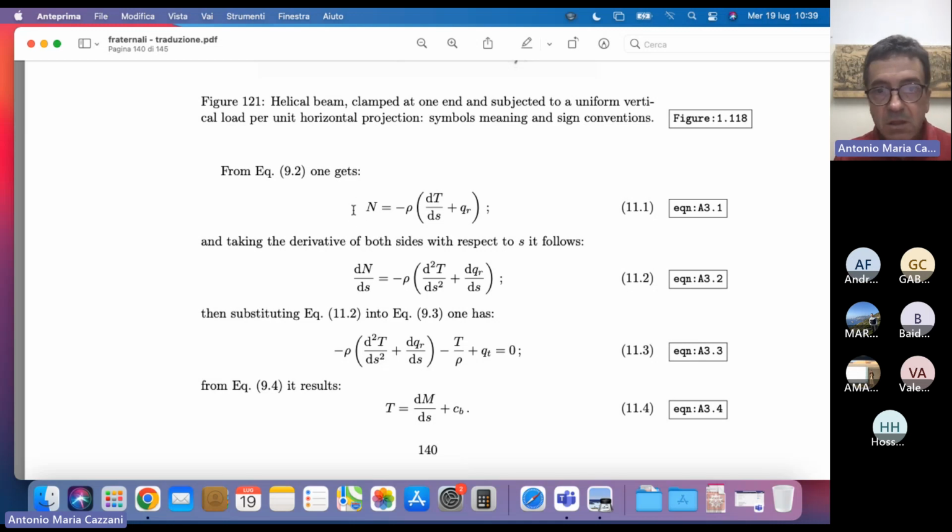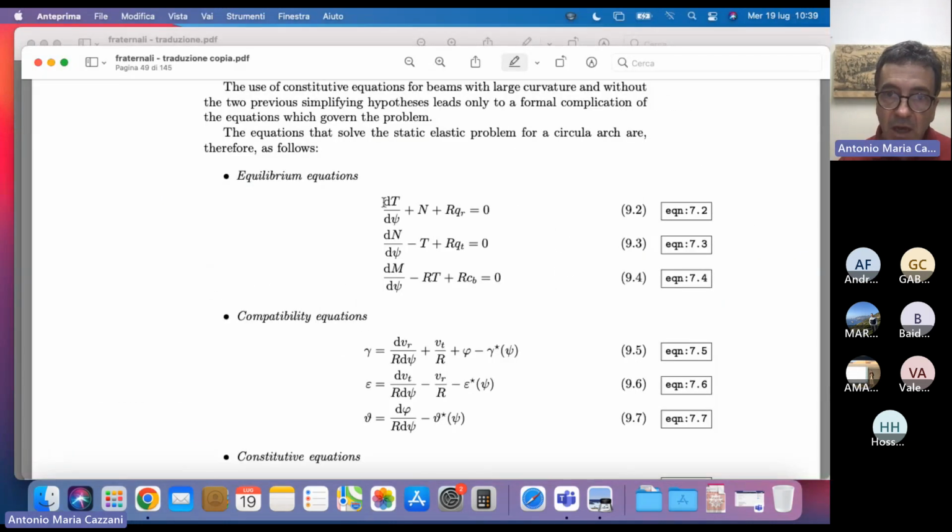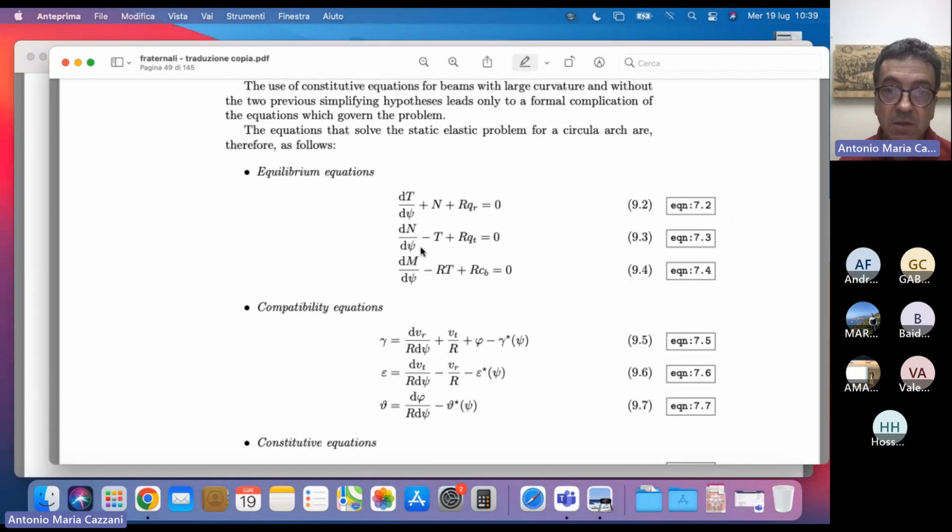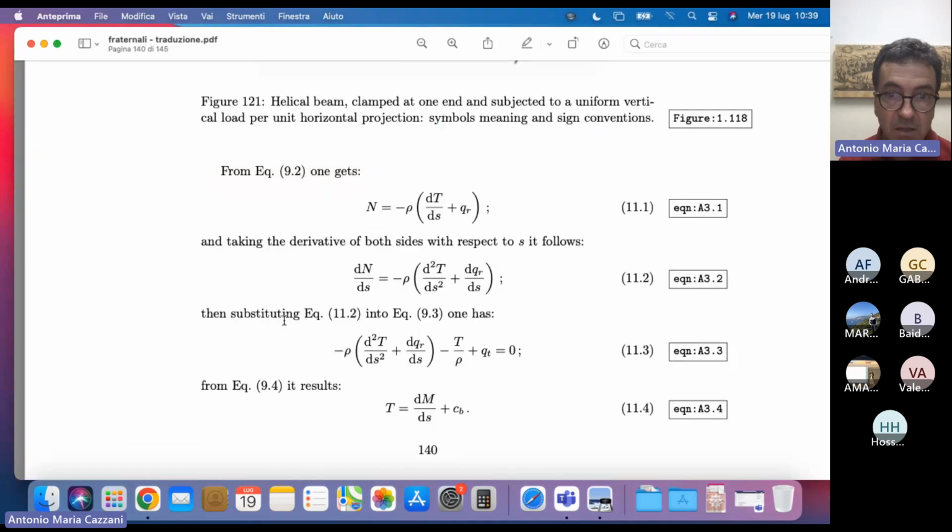Then we can take the derivative of both sides, and so we can now substitute the expression of the derivative of n inside this equation, and so we can reach a second order differential equation in terms of t, which is exactly this one.